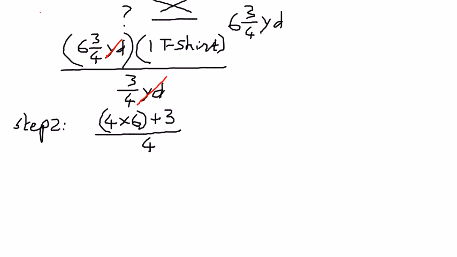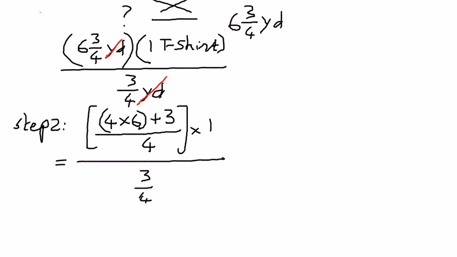This whole thing times 1 t-shirt divided by 3/4, which is in the denominator. So when we simplify this, we write it out as follows. 4 times 6 is 24. 24 plus 3 is 27, divided by 4 times 1 will still be 27 over 4.